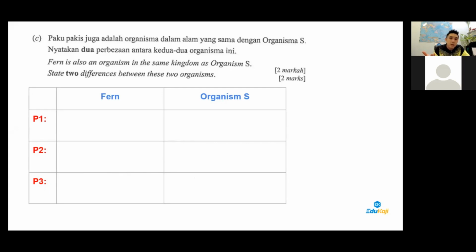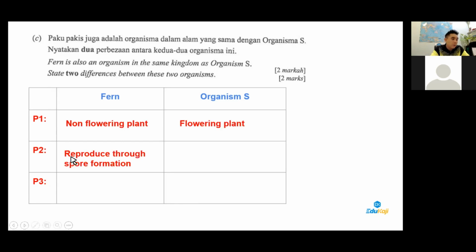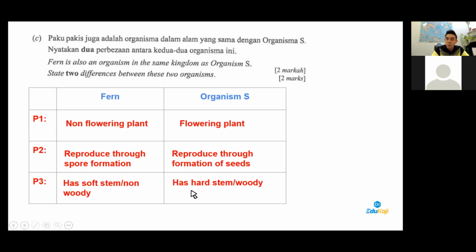Either seeds or stem also can, but normally they just want seeds. Then I'm giving one extra: woody. This one is considered a woody plant, while the fern is a non-woody plant. Okay, non-flowering and flowering, spores and seeds, non-woody plant as well as woody plant.